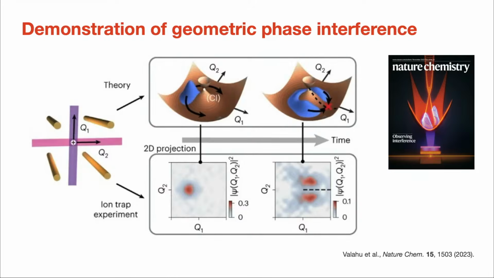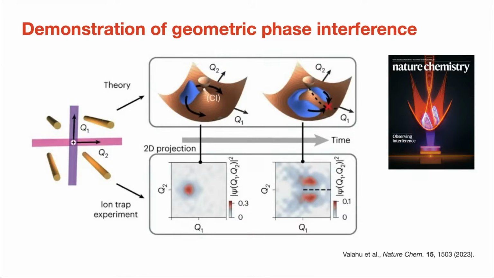This one is a demonstration of geometric phase interference in dynamics around the conical intersection. So even if you're entirely in the ground state, so this is a Jahn-Teller Hamiltonian in 2 degrees of freedom and 2 states.